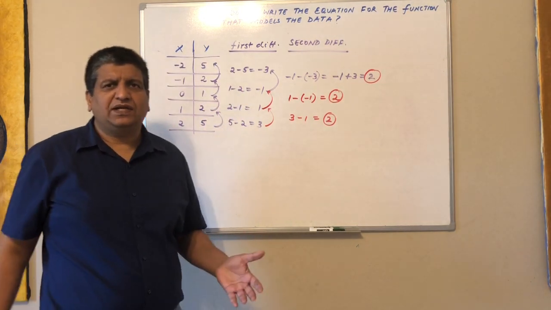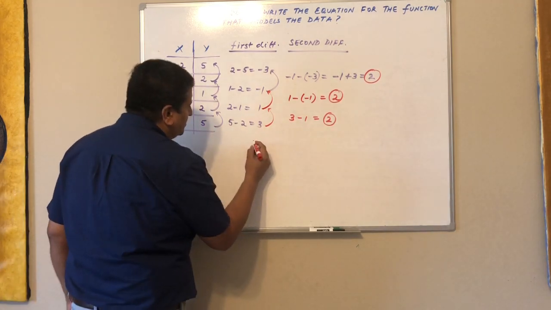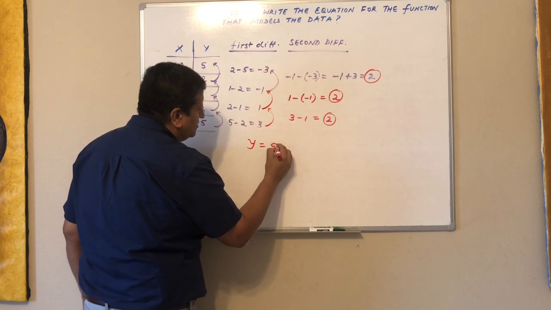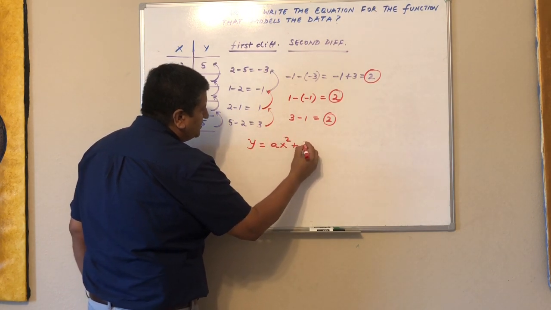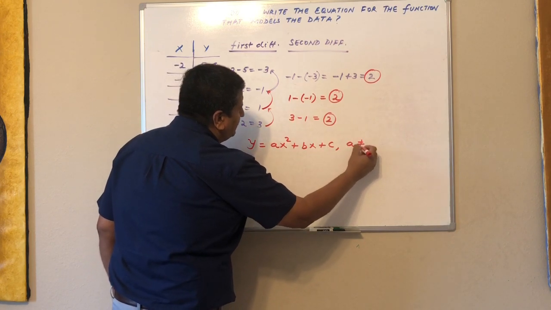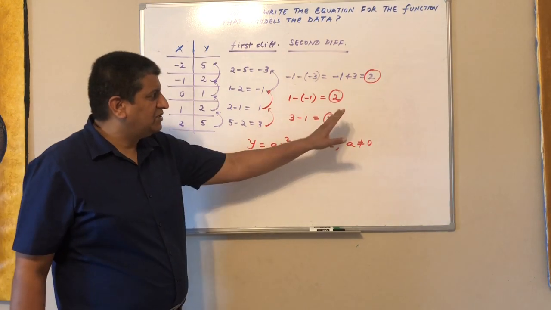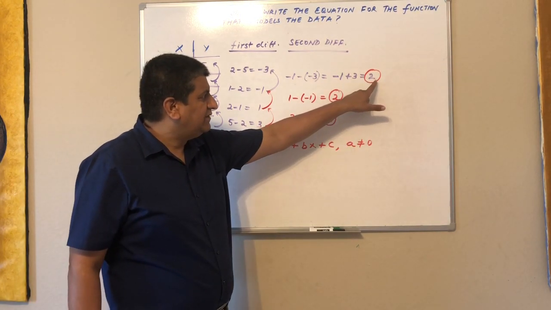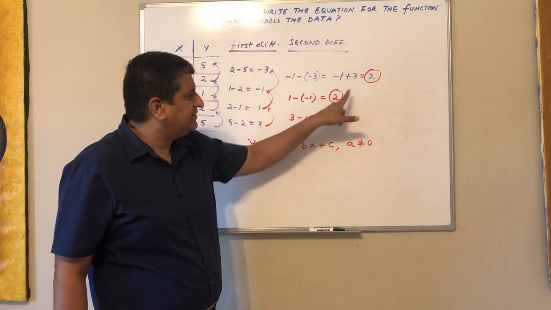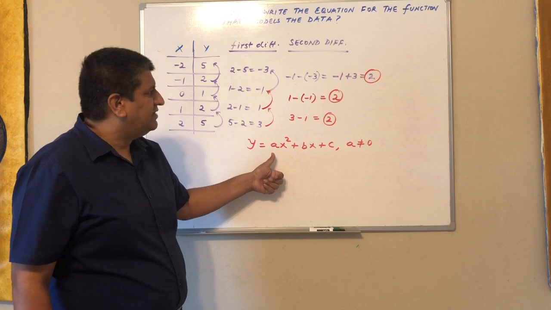But how do we write down the equation of the quadratic function? We know the equation of a quadratic function is y equals ax squared plus bx plus c, where a cannot be 0. For right now, I'll tell you that if you divide these second differences, which are the same, by 2, you're going to get the value of a.